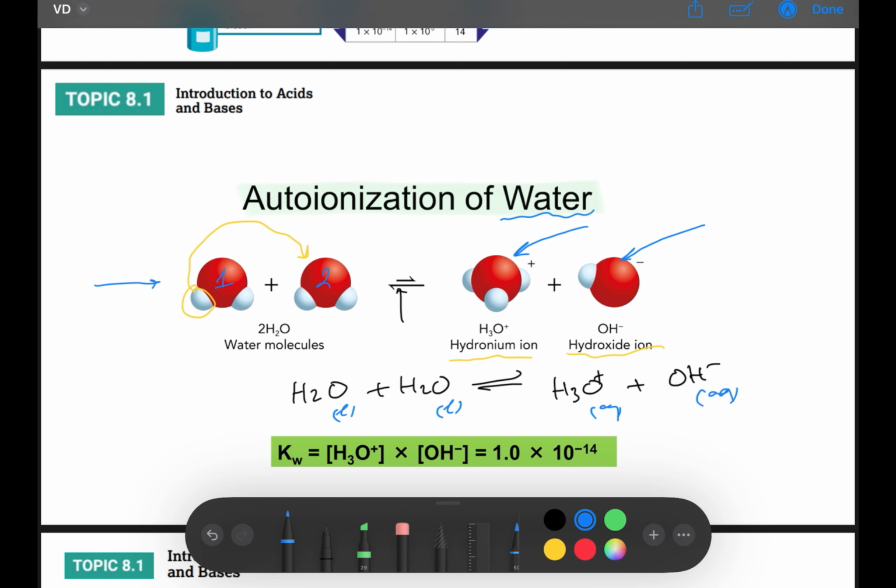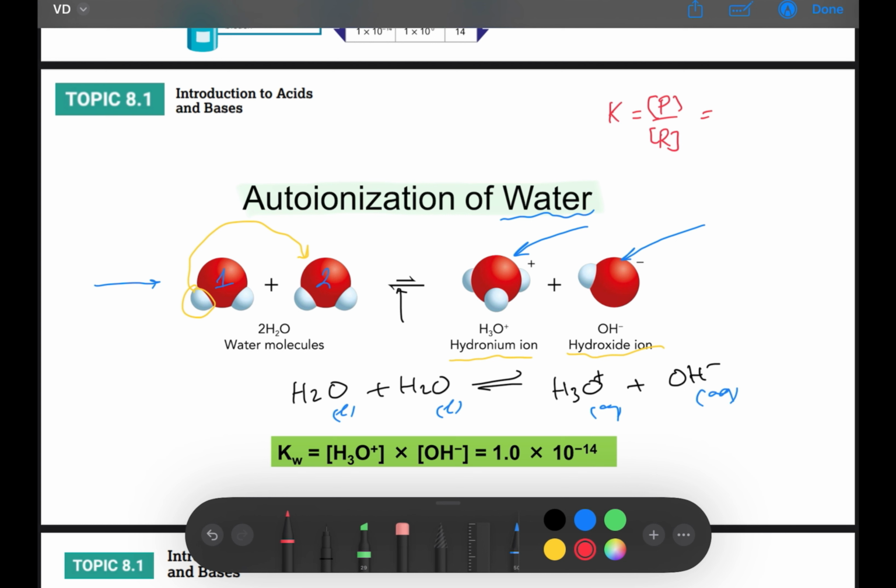Now from unit 7, if I ask you, since we're in equilibrium, how can I represent the equilibrium constant? You can say, okay, the equilibrium constant represents the concentration of products over the concentration of reactants raised to their powers. And we said that we ignore the states of solids and liquids. Since we have aqueous products, they're equal to OH negative multiplied by H3O plus.